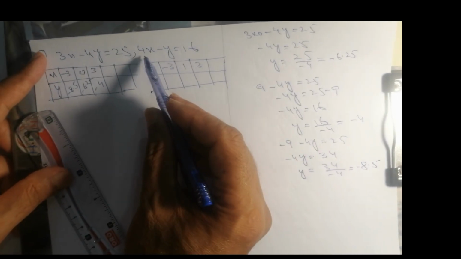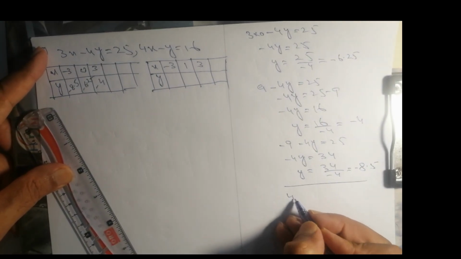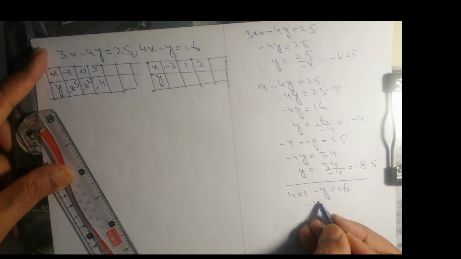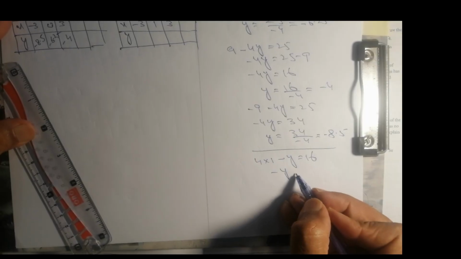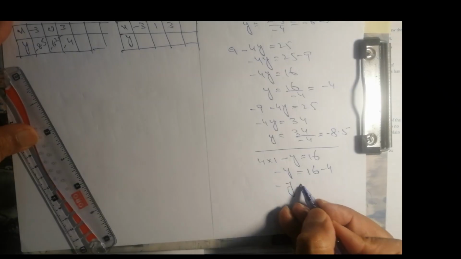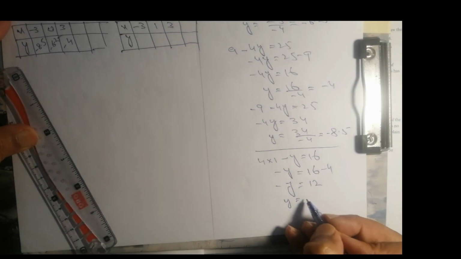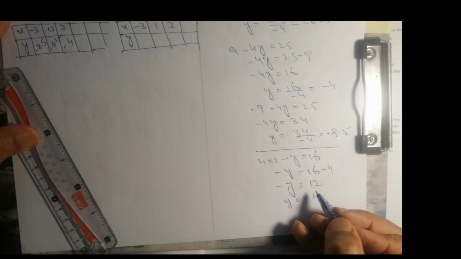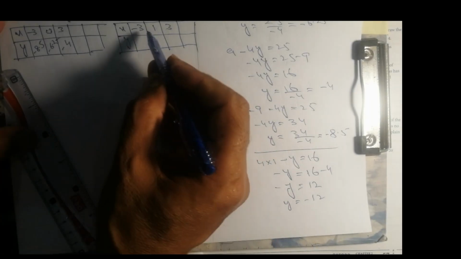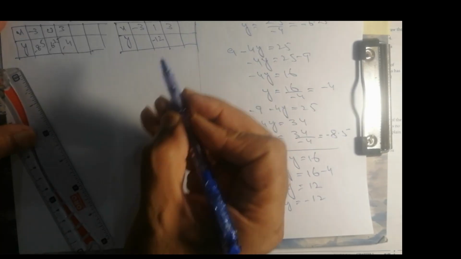And for the next equation, put x equal to 1. 4 into 1 minus y equal to 16, minus y equal to 16 minus 4, minus y equal to 12, and multiplying both sides by minus 1, y equal to minus 12 when we take the value of x as 1.